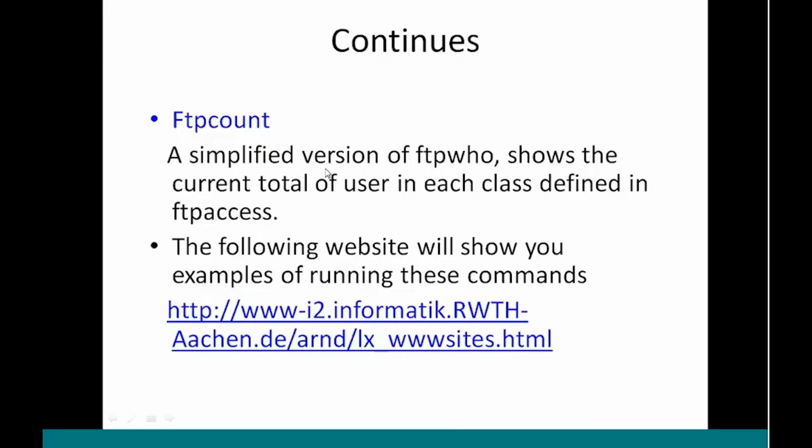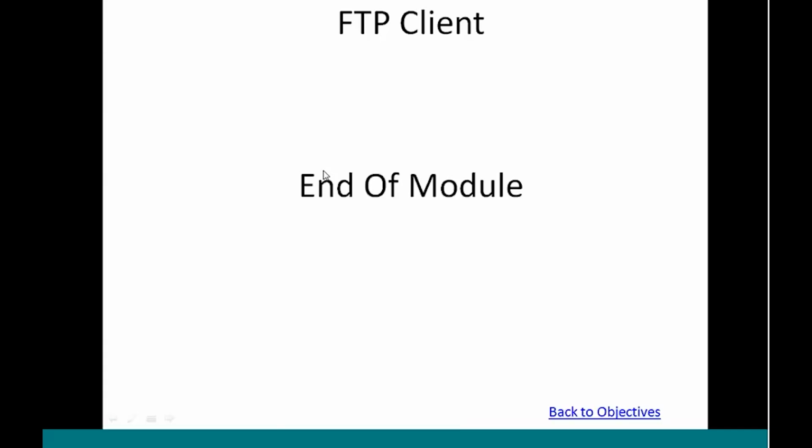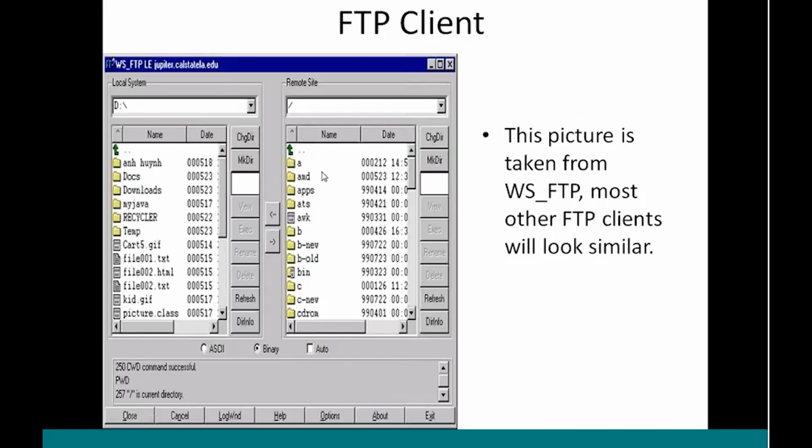So we started by looking at FTP and how we can do a file transfer. Mainly we studied how to initiate the transfer through the FTP command. Then how we use commands like cd and pwd to look at what is there in the remote site. Then we studied how to transfer files using the put and get commands, and also ASCII versus binary.